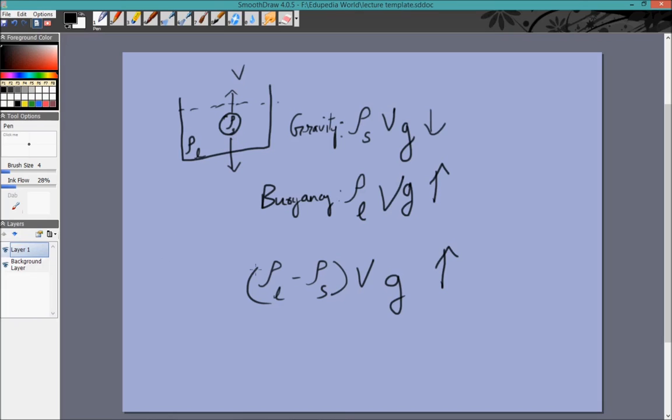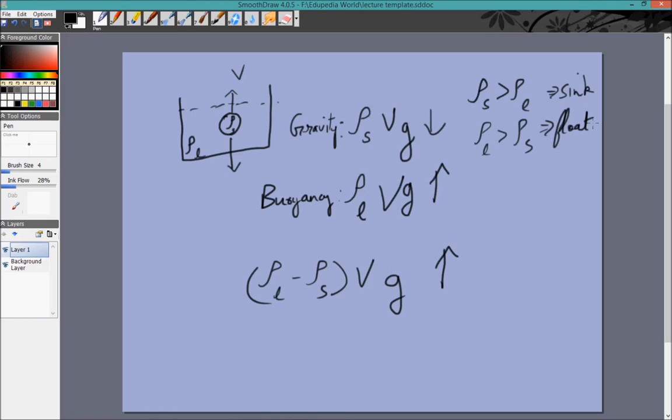If rho L is smaller than rho S, for example, if the liquid is water and the object is iron, then rho S will be greater than rho L. This whole term will be negative. That means the net force will be downwards, and that means the object will sink. So rho S greater than rho L means sink, and rho L greater than rho S means float. This is the basic principle on which all buoyancy follows.